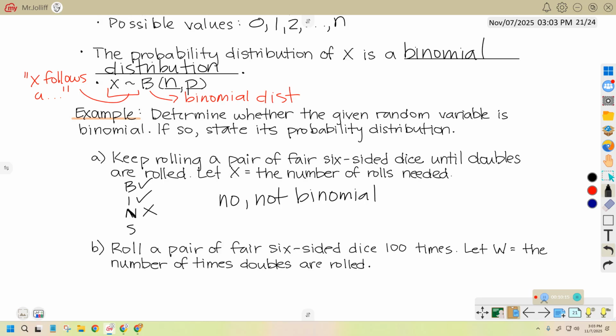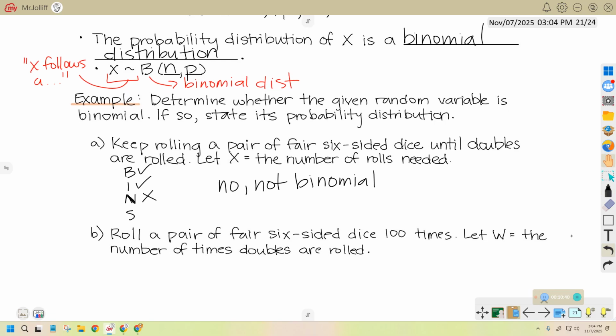I could roll doubles on the first roll. I could not roll doubles until my 100th roll. Also, binomial is keeping track of the number of successes. This is keeping track of the number of rolls I needed. That's very different than the number of successes.